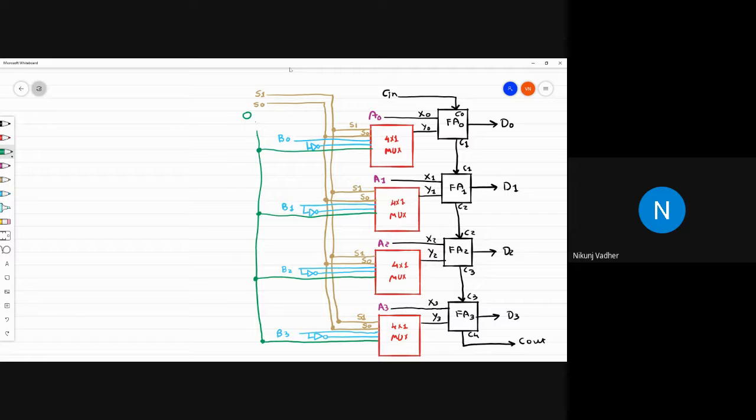Okay, if we consider this as a 0, then what we will do, we will put another NOT gate. Okay, and from that we will give another input.